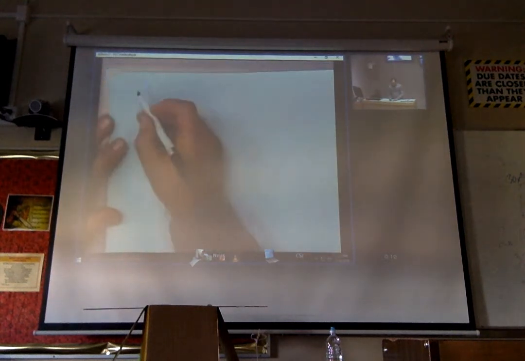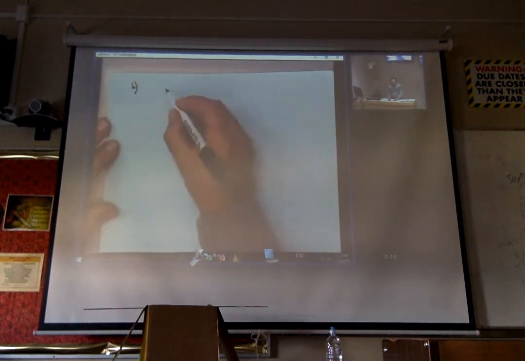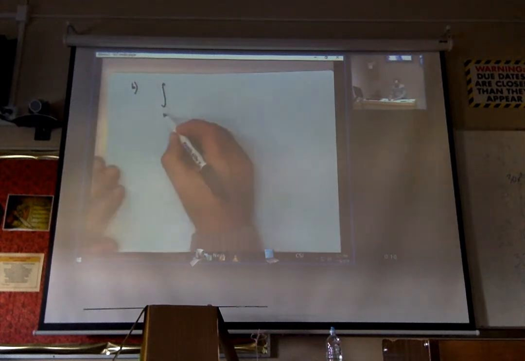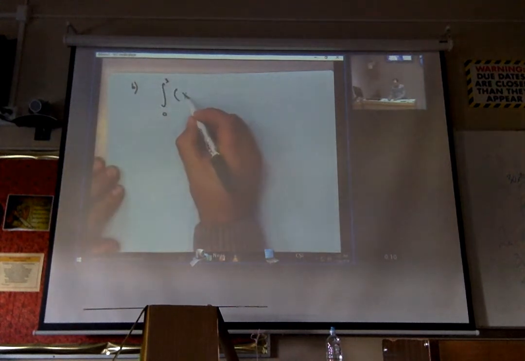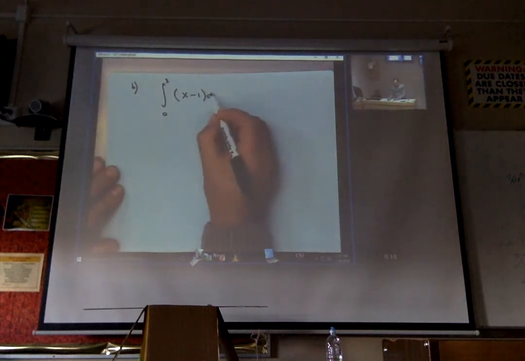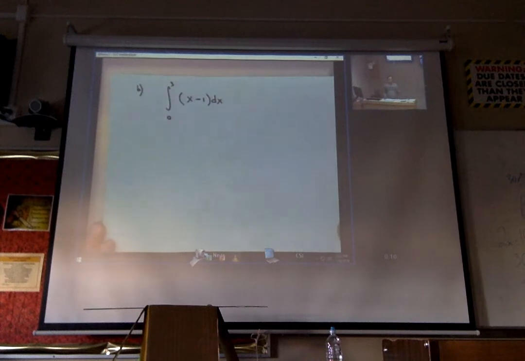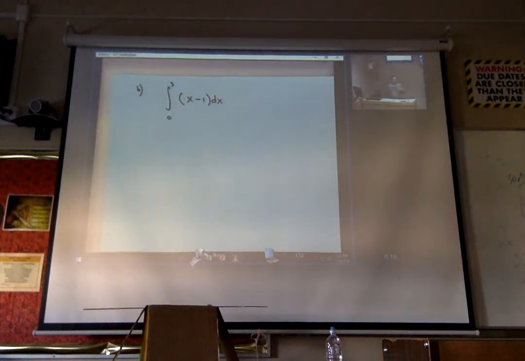The next one, let's take a look. B, similar to this, we have to find the integral from 0 to 3 of x minus 1 dx. Again, there's a specific question. You have to work with the question, not with what you can do.